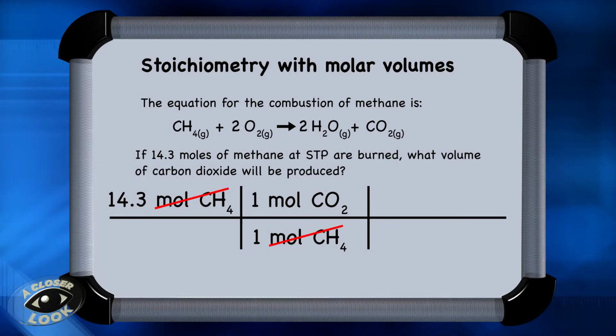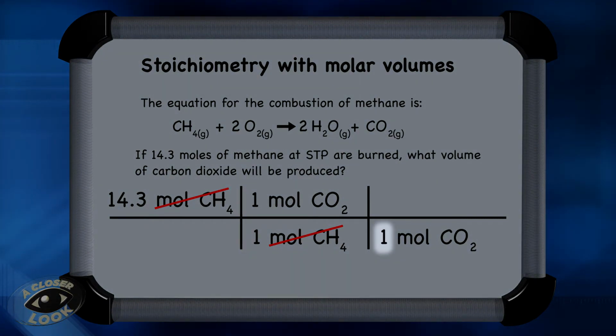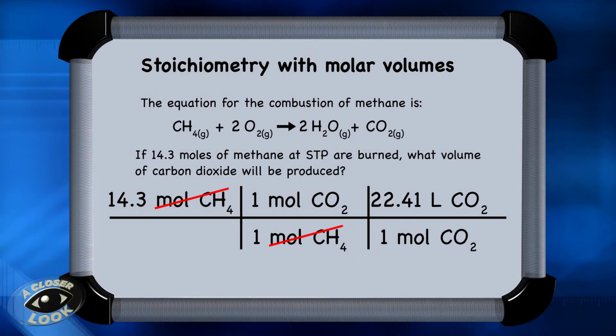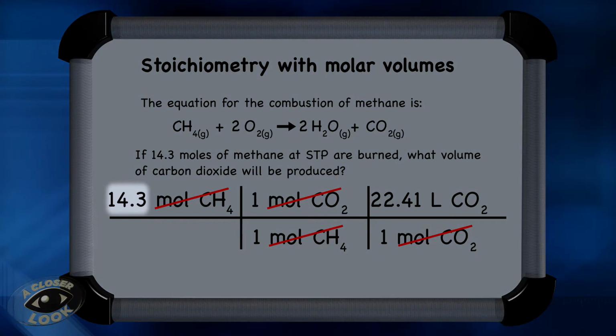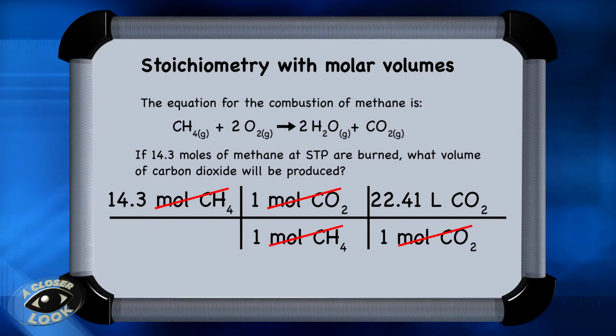The units for methane cancel, and since the system is at STP, bring the units of moles of carbon dioxide down here, and you know that 1 mole of carbon dioxide will occupy 22.41 liters. Again, the units of moles of carbon dioxide will cancel, and now just multiply 14.3 times 1 times 22.41 and divide that by 1 times 1, or in other words 1.